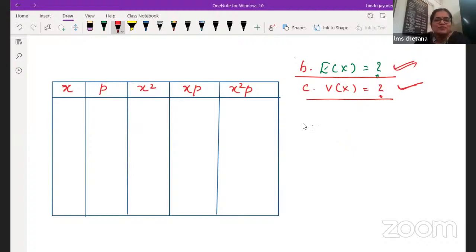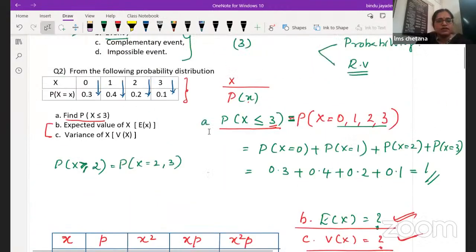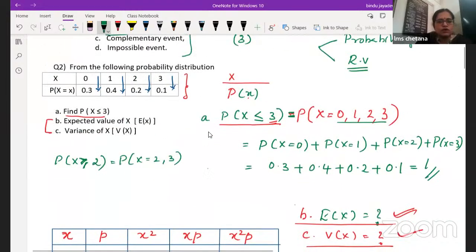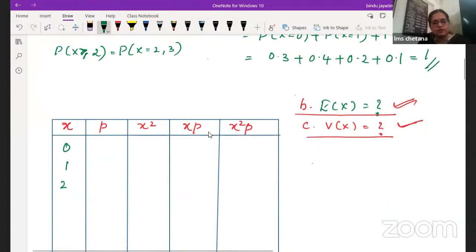Yeah, come on. Now see, the first two columns are there already: x and p. Just continue. That is 0, 1, 2, 3. Okay, only up to 3. And what is p?